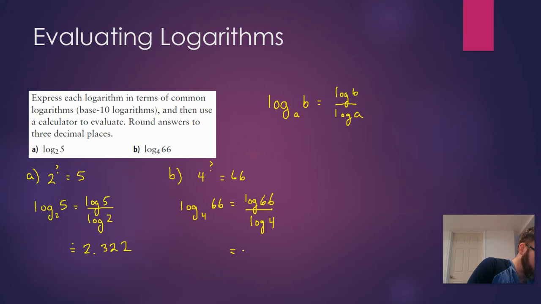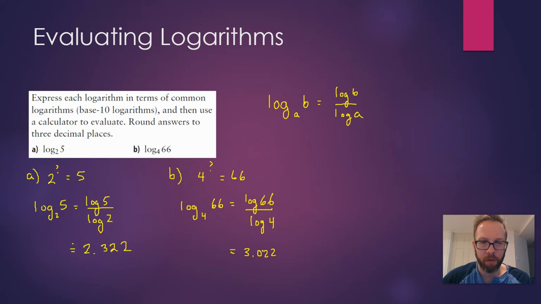Log 66 divided by log 4, slightly over 3, 3.022 approximately, which is not surprising because we know that 4 to the power of 3 is equal to 64. So it should be just a little bit over 3 should give us a result of 66. And we saw it plays out that way, 3.022.